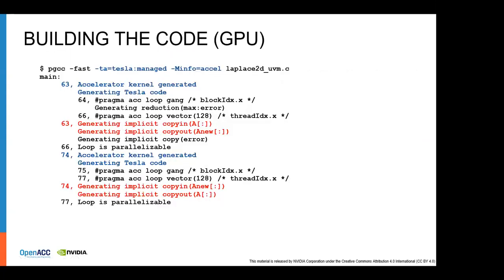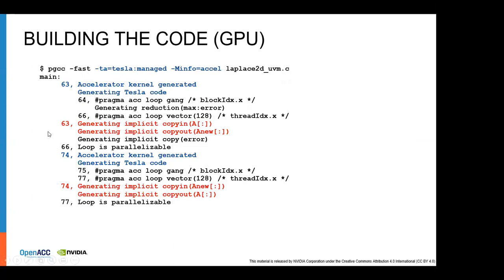Now we will use the same code with pragmas, but now we are telling the compiler to compile for Tesla and to have the memory and the data transfer managed by the system itself, by the application itself.